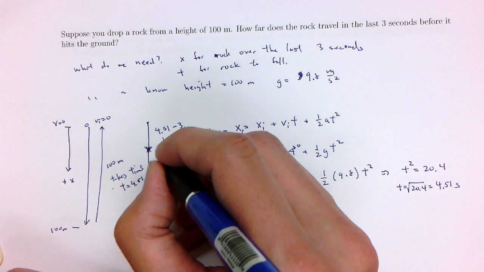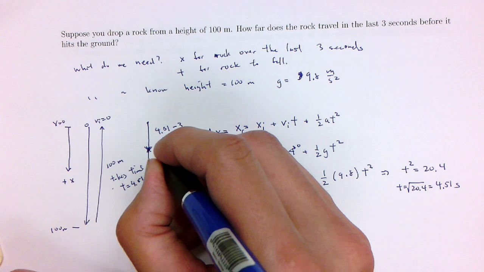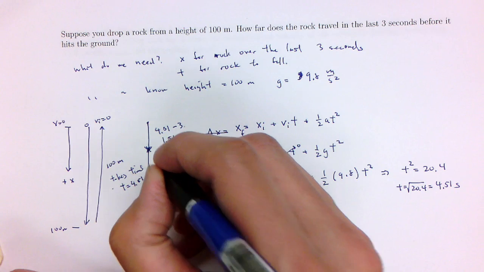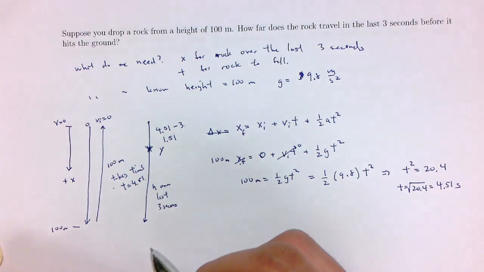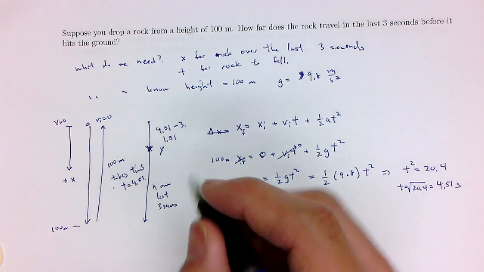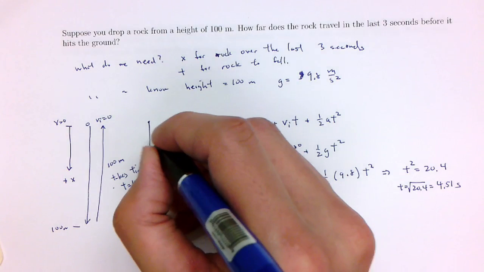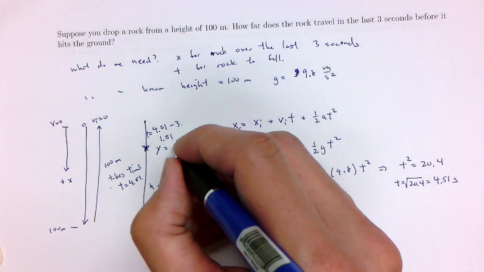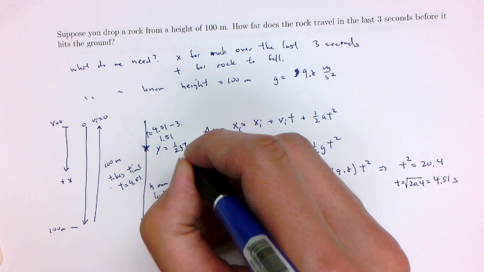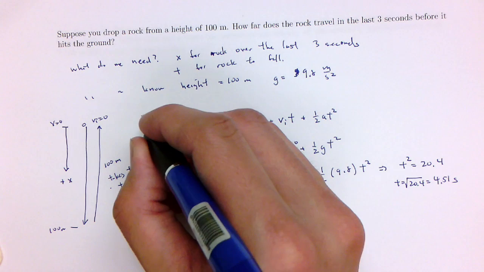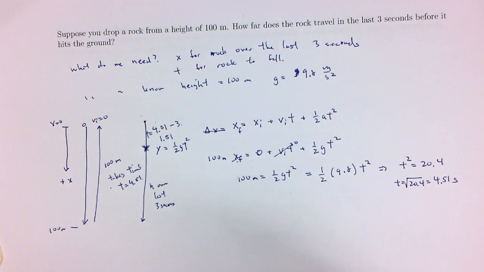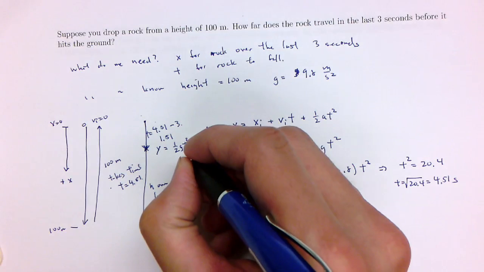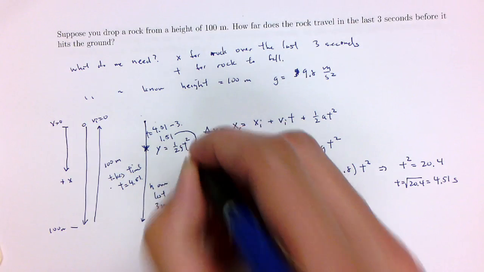I'll call this, for lack of a better variable, y. This is the time it takes to fall that distance, and we can compute this distance. It's just going to be equal to 1/2 g t squared, because it fell from rest. There's no initial velocity. And for t, we plug in this 1.51.